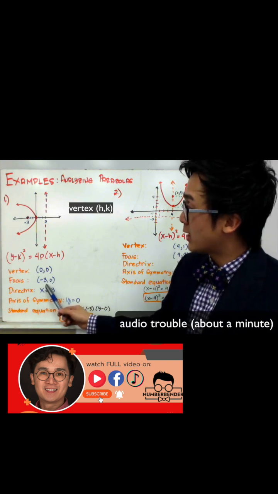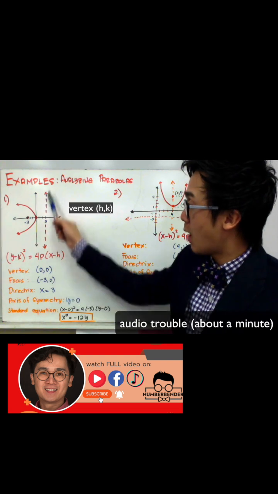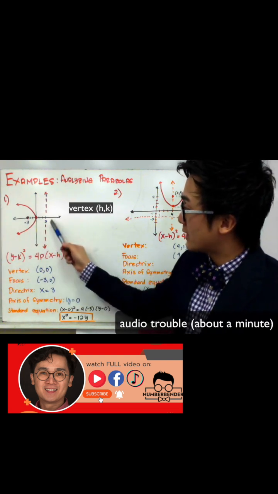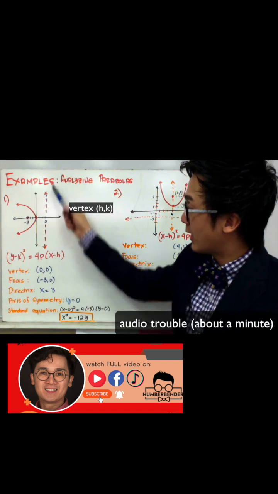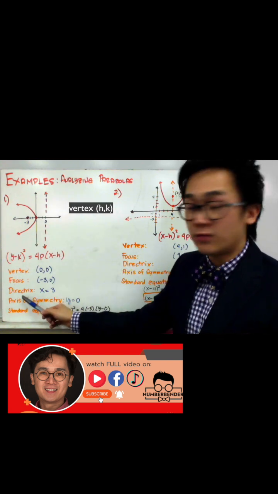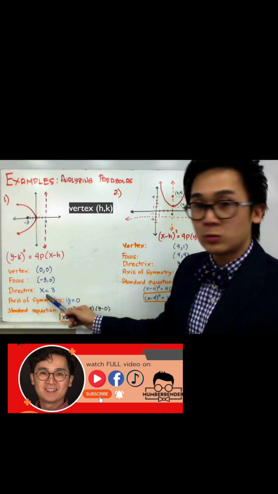Now the directrix is the line right here, opposite our vertex and our focus. This line is at x equal to 3 and it's vertical, so the directrix is the equation of a line, which is x equal to 3.